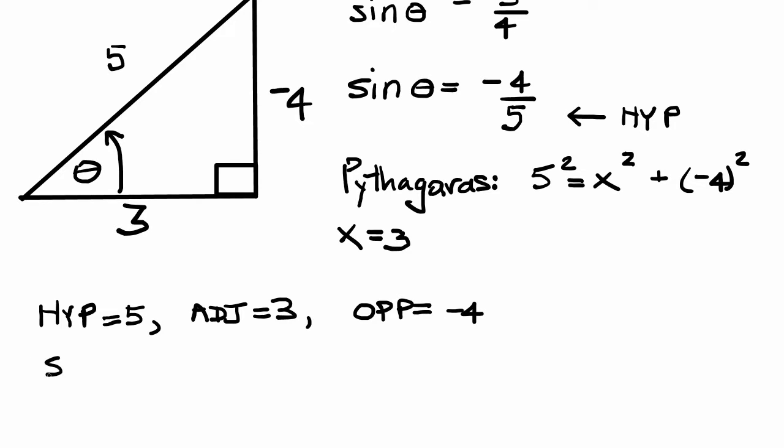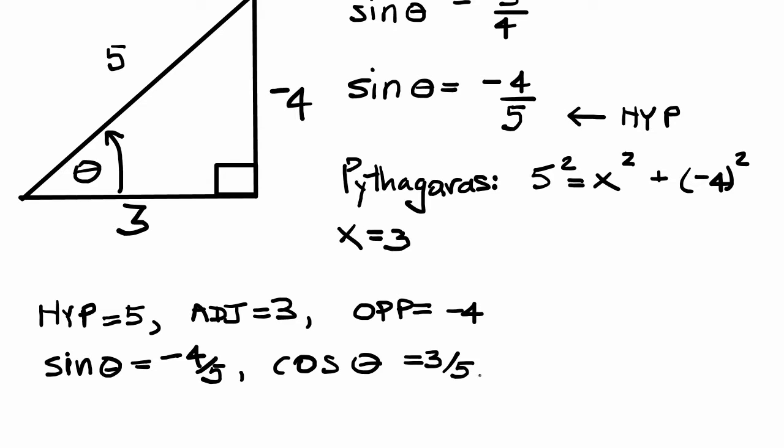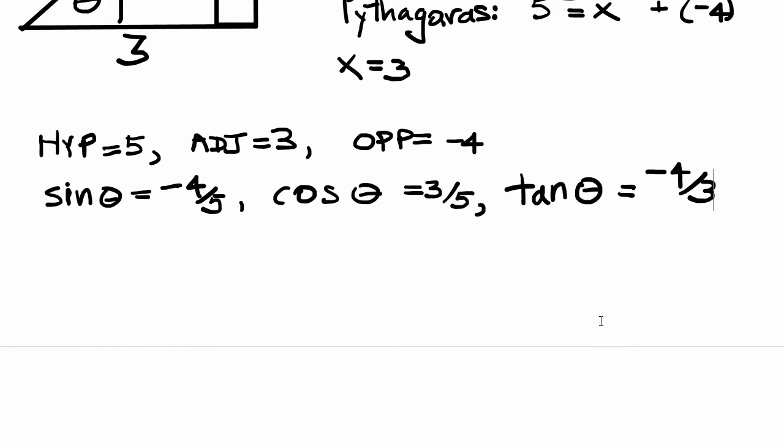So I can tell you that the sine of theta, which I already know, is minus 4 over 5, but the cosine of theta is 3 over 5, and of course the tangent of theta, well, that's going to be minus 4 over 3. And I can use these values in my half angle formulas now.